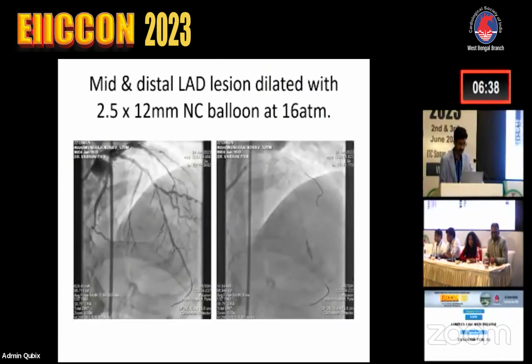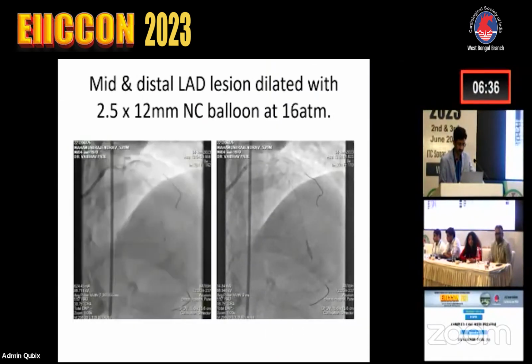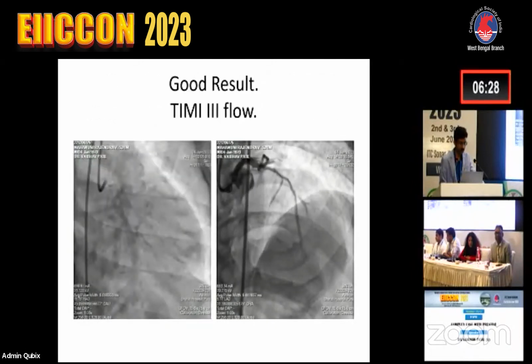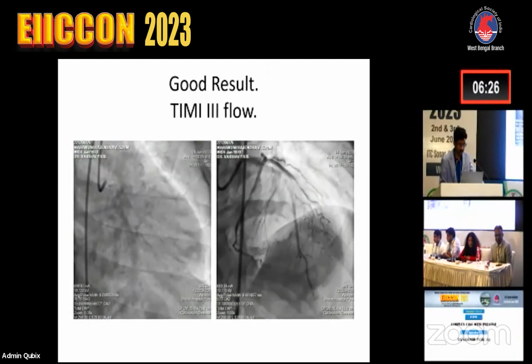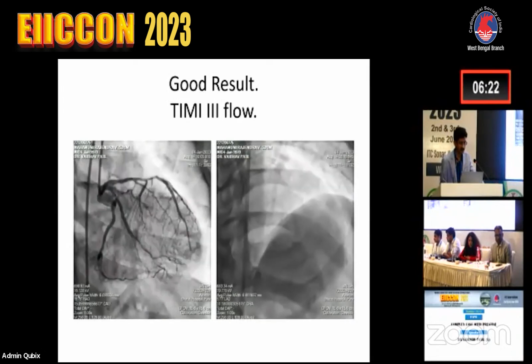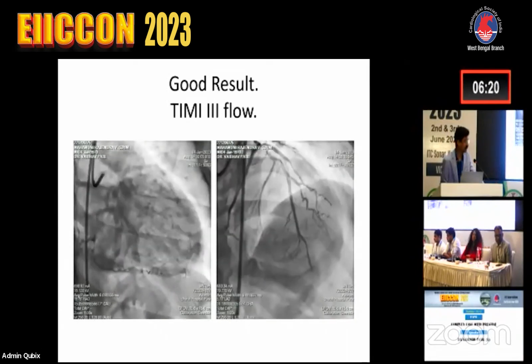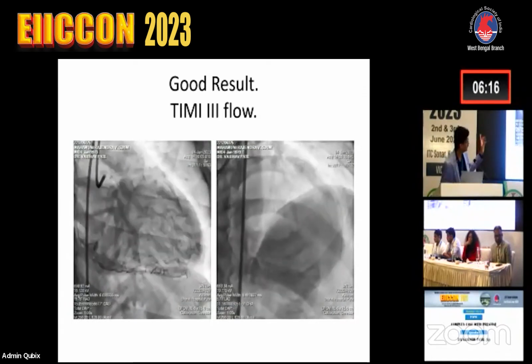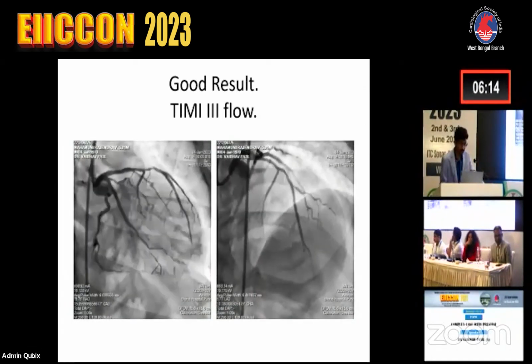The LAD lesion I have treated with pre-dilatation and then post-dilatation. The stent put was a Pristine 2.75 into 44. That's a routine case. IVUS optimization was done. This is the final result for the right side. You can see stent in stent is there.